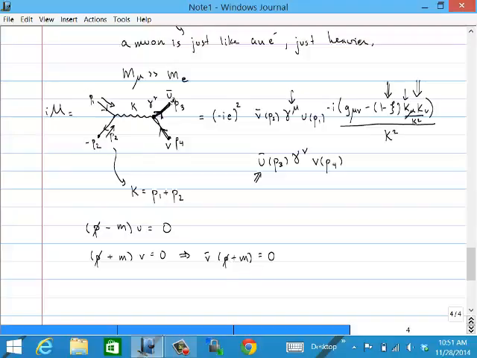What is k slash? K slash is P1 plus P2. And so if you put it all together, the P1 slash acting on the U here will give you a factor of minus M, and the P2 slash acting on the V here gives you a factor of plus M. So the whole thing cancels out, and the result is gauge invariant.